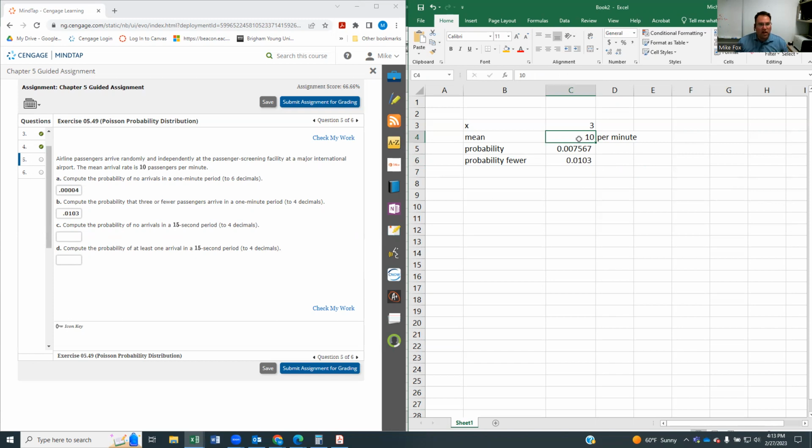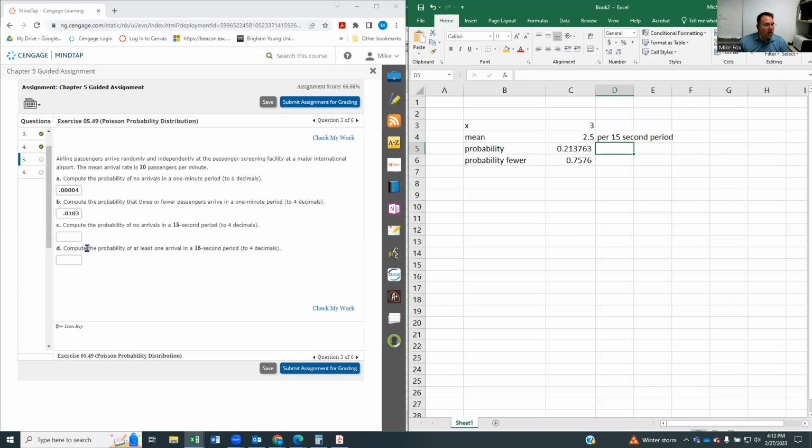If there are 60 seconds in a minute, then there are 4 15-second periods in a minute. So I take this number 10 and divide it by 4, and that gives me my mean per 15-second period. If we average 10 per minute, then we average 2.5 per 15-second period.